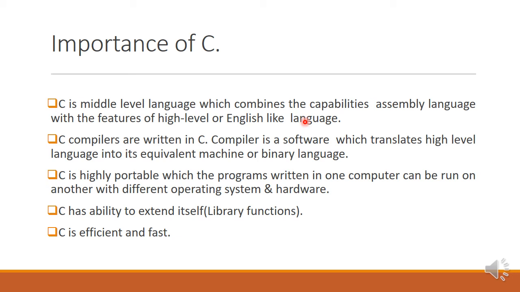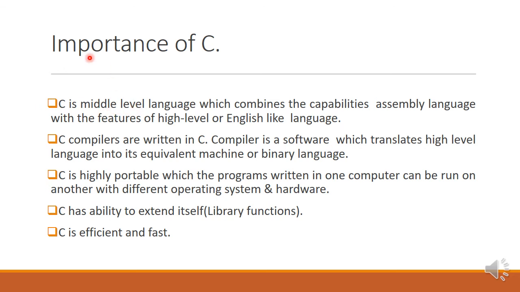I told that we have three types: binary language, assembly level language, and English-like language. Binary language means programs written using zeros and ones. Assembly level language means programs written using mnemonics. High level is English-like language. When it combines the features of assembly level language and English-like language, it is called a middle level language.